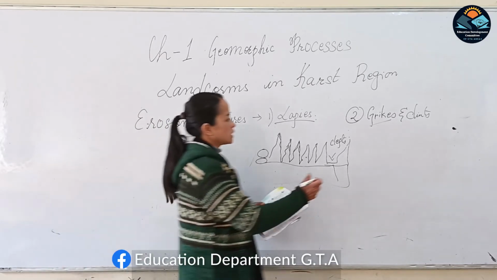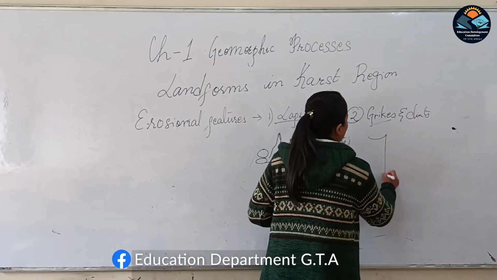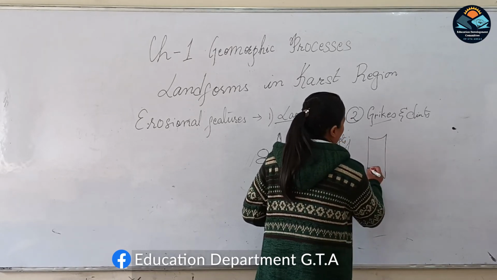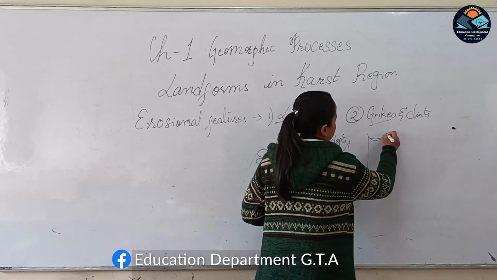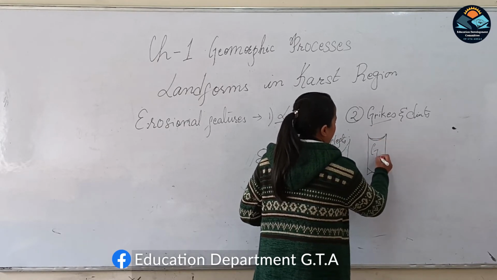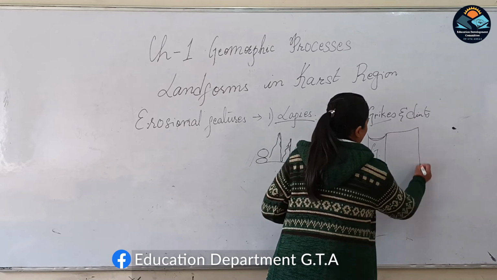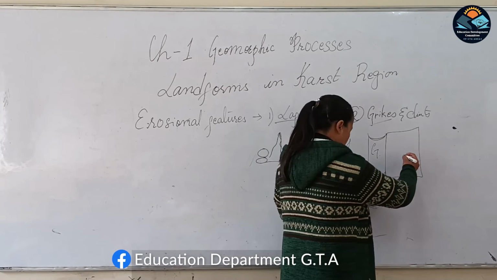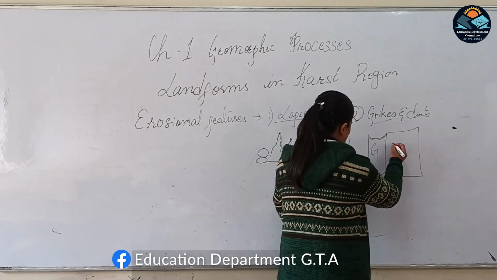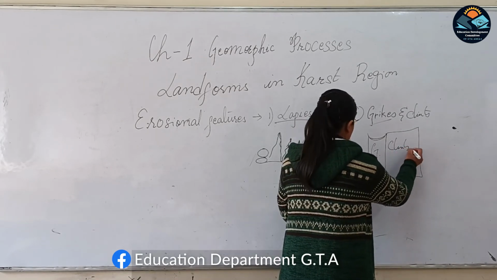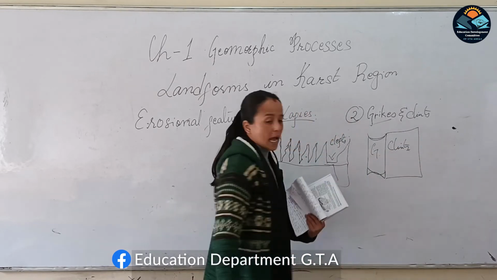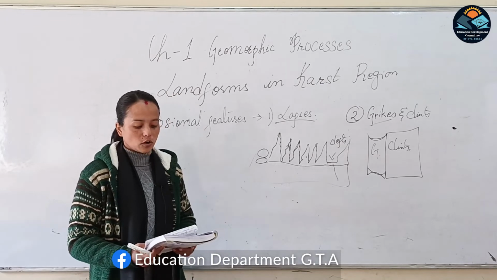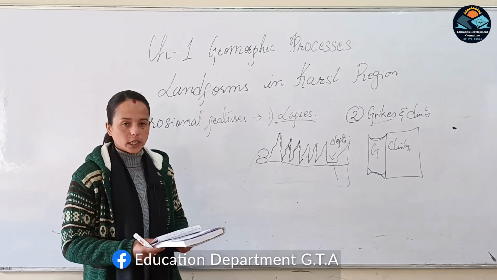Here in the grike, a long furrow, a deep and long depression, is formed, which is separated by rectangular blocks of limestone. These rectangular blocks are known as clints. This type of grikes and clints is found in Madhya Pradesh in India.